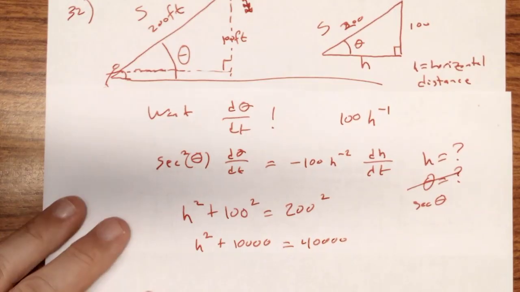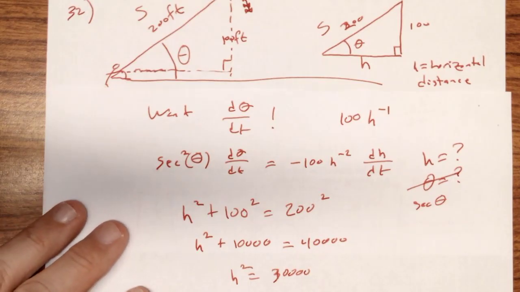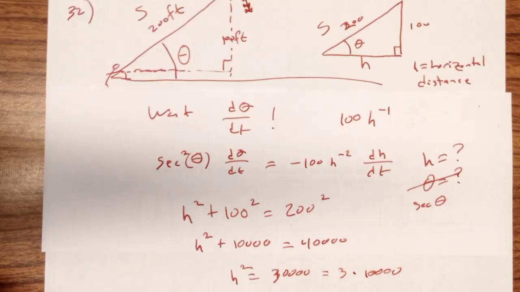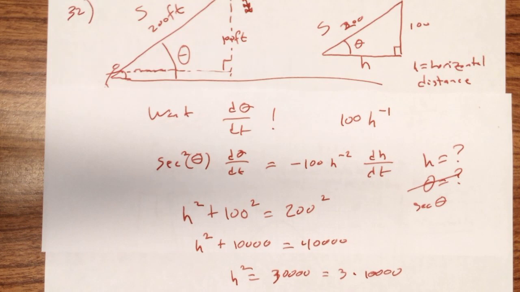It's 40,000. Means that h squared is 30,000, which is 3 times 10,000. But the square root of 10,000 is 100. So h is the square root of 3 times 100.